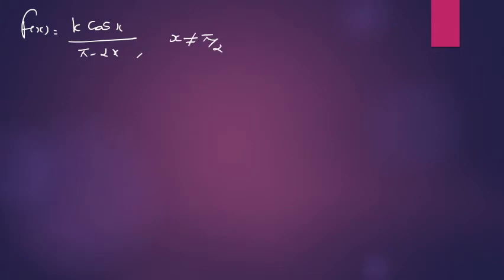Next question. f(x) is equal to k cos x by (pi minus 2x) when x is not equal to pi by 2, and is equal to 3 at x equal to pi by 2.